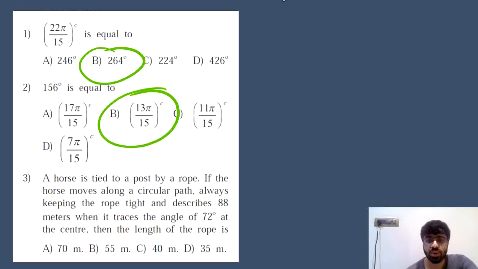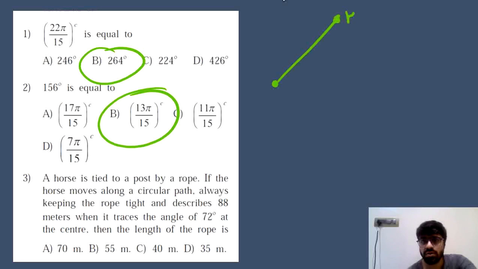A horse is tied to a post by a rope. If the horse moves along a circular path, always keeping the rope tight, and describes 88 meters when it traces an angle of 72 degrees at the center, then the length of the rope is what? So if you just put that all in a diagram, let's take this as the pole, a post is what they've said. So this is the post, and we are tying a horse with it.